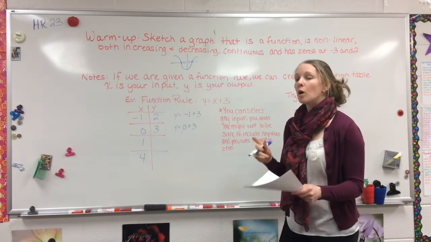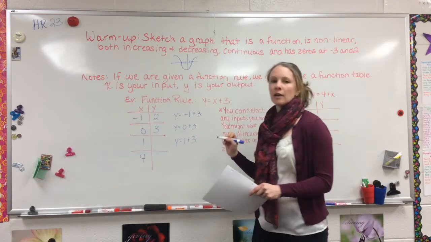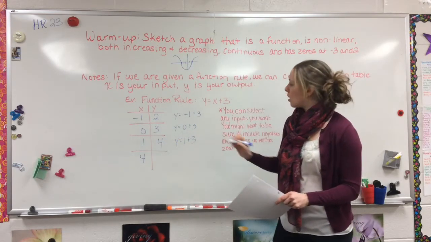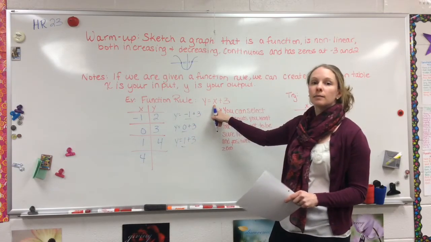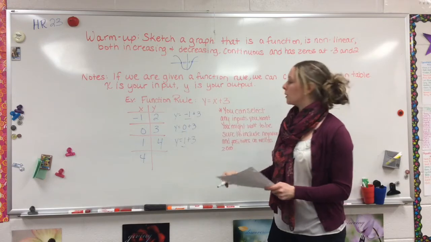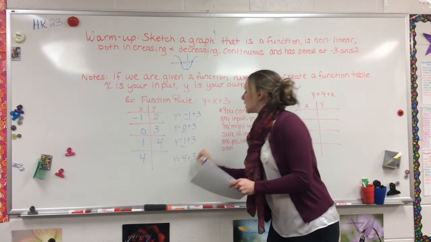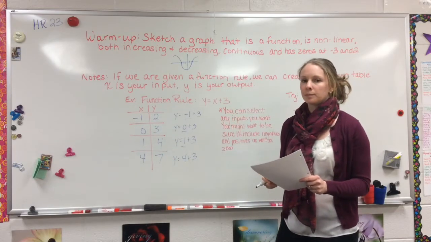If I substituted 1 as my input, I would have an output of 4. All I'm doing is substituting my inputs in for x, solving it and finding my output. And finally, we would have 4 as the input, and we would get 7 as our output.